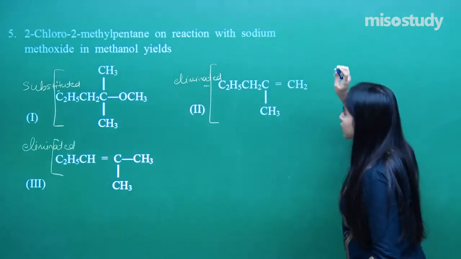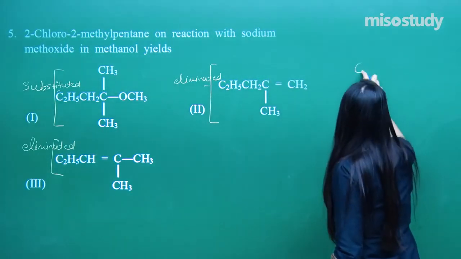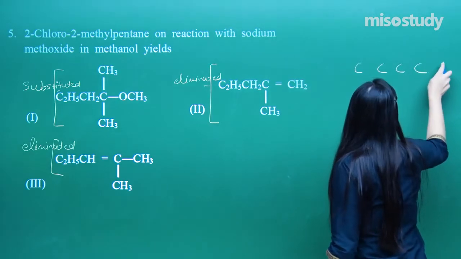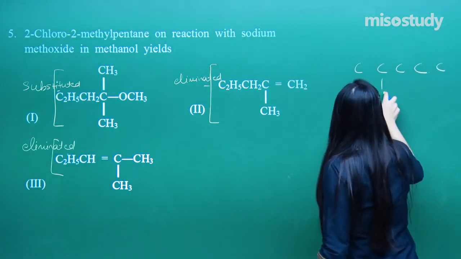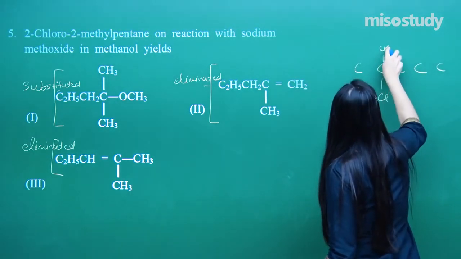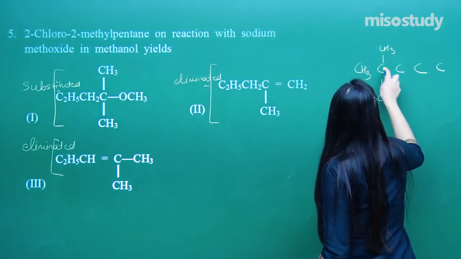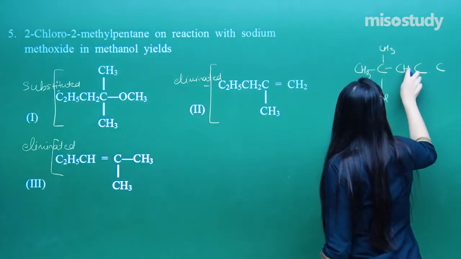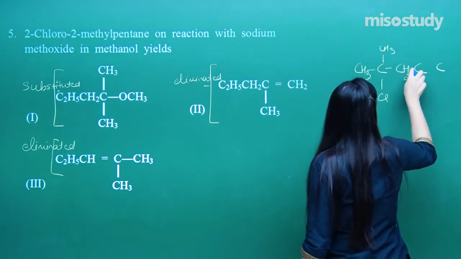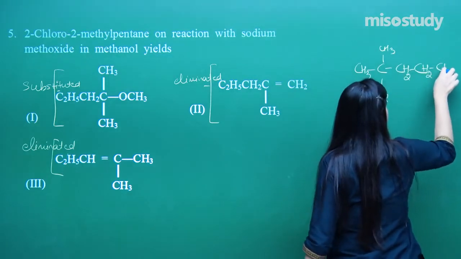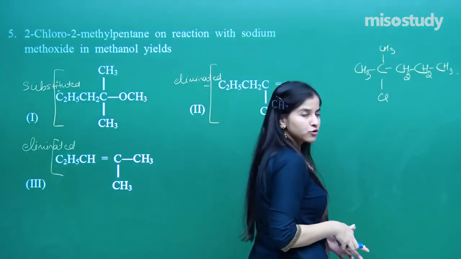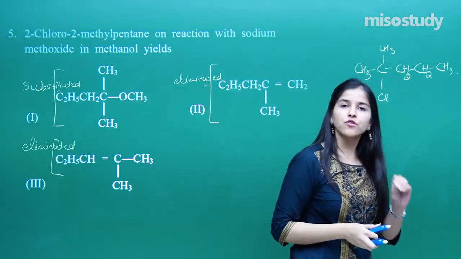So the reaction is 2-chloro-2-methylpentane. Let me just draw the structure. 3, 4, 5. 2-chloro-2-methyl. That is what we need to have. So that is the compound over here. I need to perform the reaction.